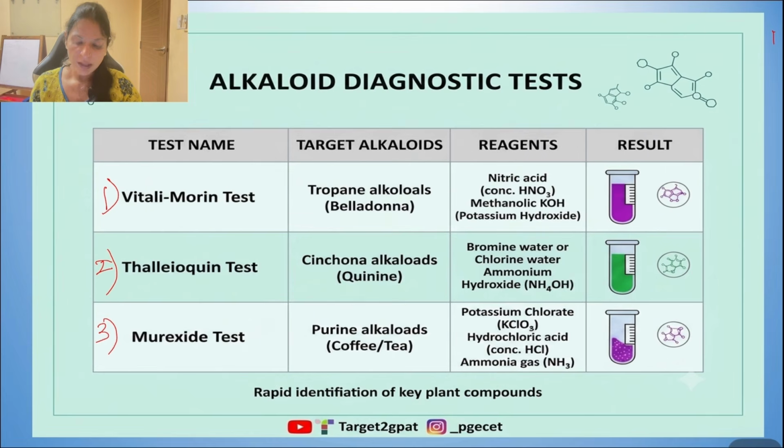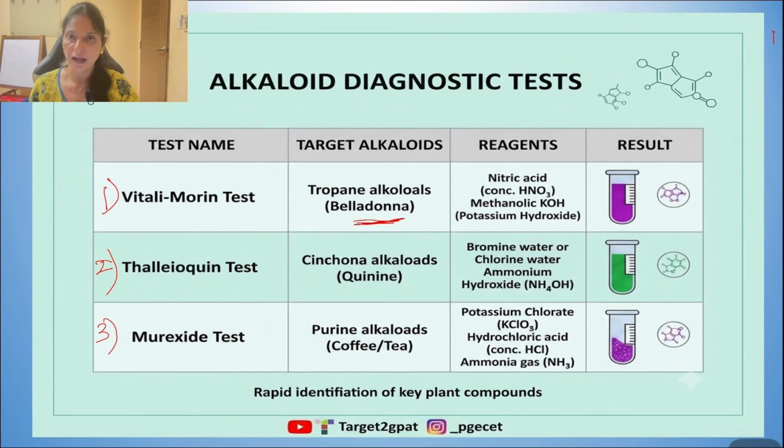And coming to the Thalleioquin test, from the name itself it indicates that it is used to specifically identify whether quinine alkaloids are present or not, especially the target alkaloids here are cinchona alkaloids, and the reagent used is bromine water or chlorine water along with ammonium hydroxide.